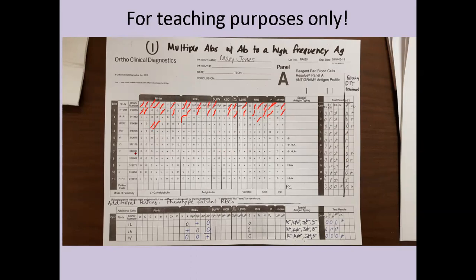Okay, so 7, can get rid of F. No. No. Oh, looks like we can get rid of Duffy B. No, with JKA. No. Okay, and 8.